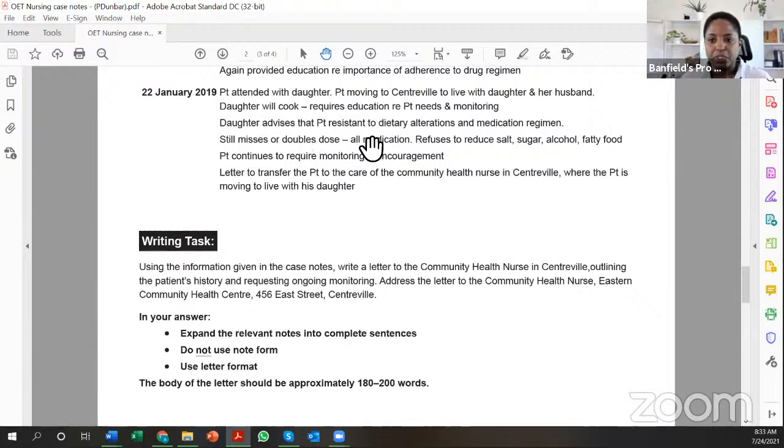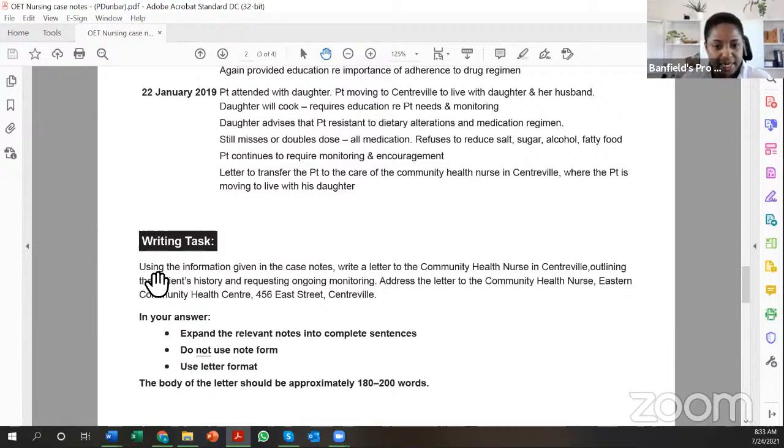We see what the daughter will be doing, advising the patient resistant to dietary alterations. So we've got a patient here who's clearly non-compliant already. Continues to require monitoring, and you're writing to transfer this patient to a community health nurse, where the patient is moving and he'll be living with his daughter.